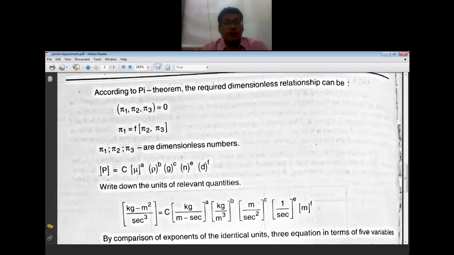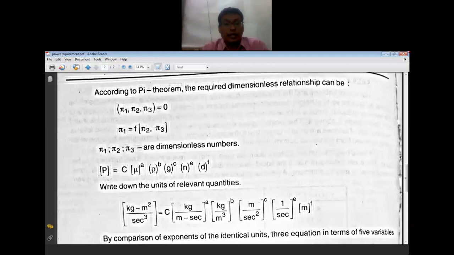The next is the viscosity, mu, which has the units of Newton second per meter square. Newton is nothing but mass into acceleration, that is kg meter per second square. So after simplification you get kg per meter second.